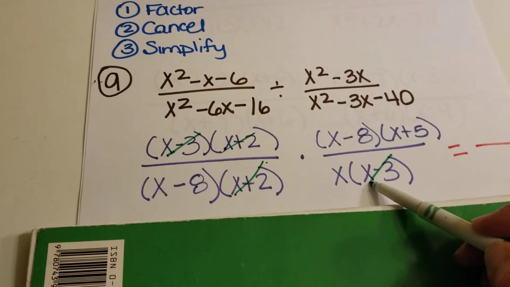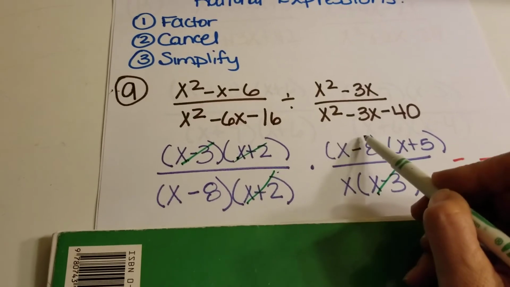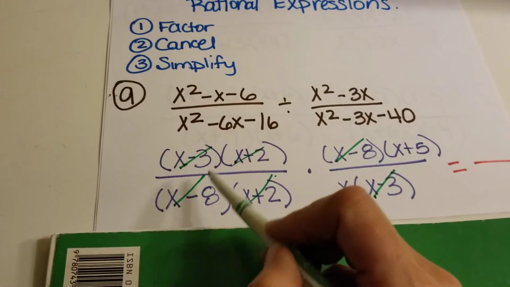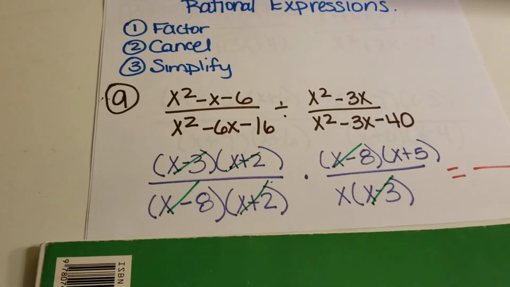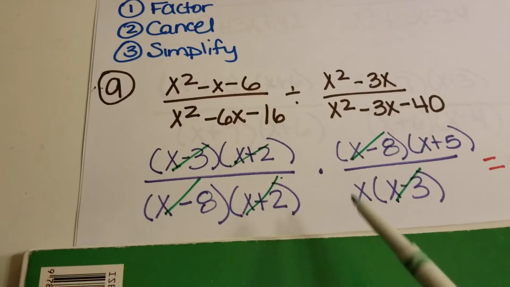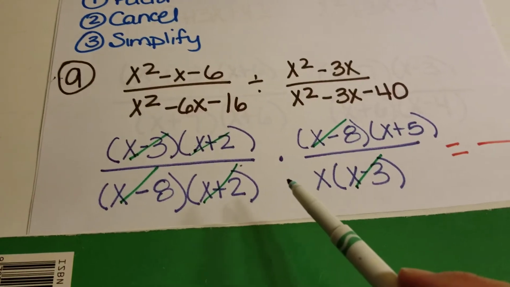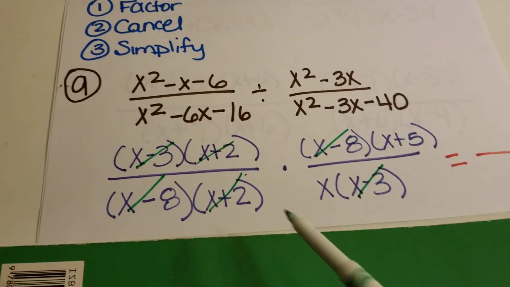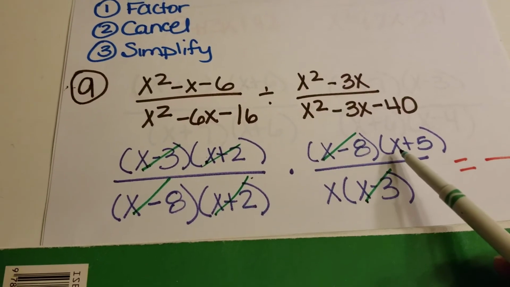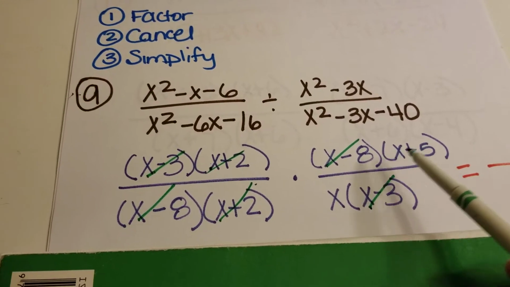Then we have x minus 8 and x minus 8. They're all in the numerators and denominators of these fractions, and it's a multiplication problem, so I'm allowed to cancel anything, any numerator, any denominator. Now I'm left here with x plus 5 and then x.